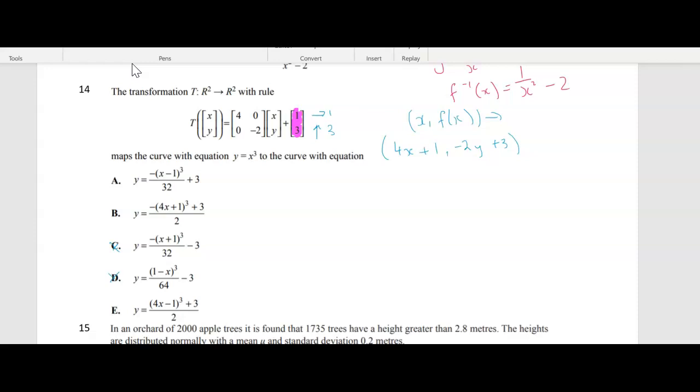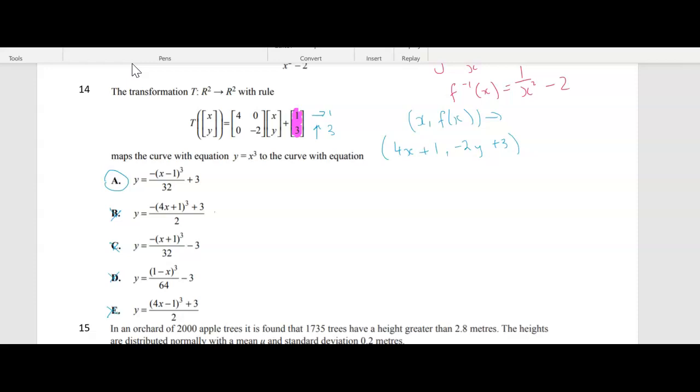Okay, so we've got that with the shift to the right 1, we want to have, let me just think, okay, can't be C, and remember we need to take the 4 out the front of the bracket, so it can't be B and it can't be E. So the correct answer is A. Remember, when you're looking at your transformations, your coefficient of x inside the bracket must be 1 and the dilation factor outside.